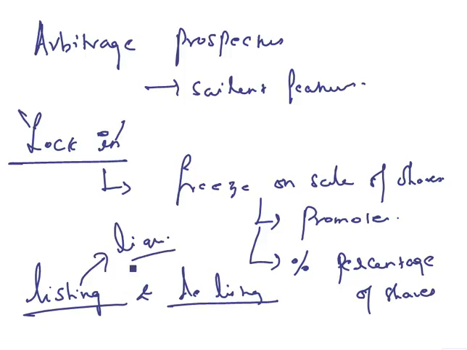These two things will happen once you list the securities. Whereas if you do delisting, your trading privileges will be revoked. That means you will be removed from the stock exchange. That means your stocks will no longer be traded at the stock exchange. This is what delisting and listing means.